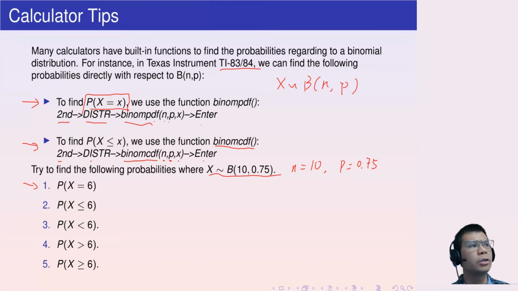So we are going to use the TI-83 or 84. You press second, go to DISTR, and go to binomial. Be careful, PDF.